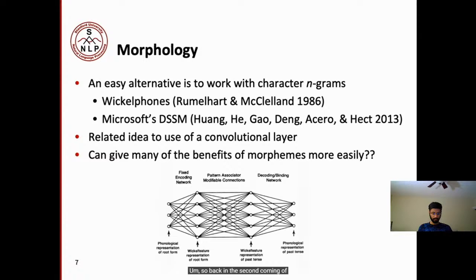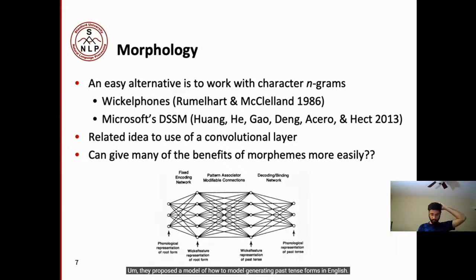So back in the second coming of neural networks in the mid-80s into the early 90s, there was quite a bit of controversial work on the structure of language, in particular Dave Rumelhart and Jay McClelland. Jay McClelland's still in the psych department here if you want to look him up in your spare time.